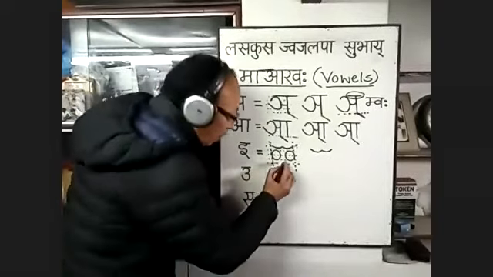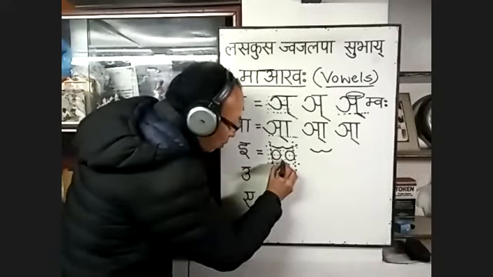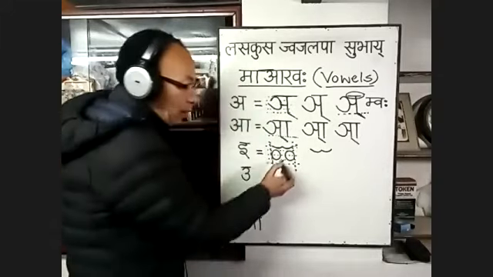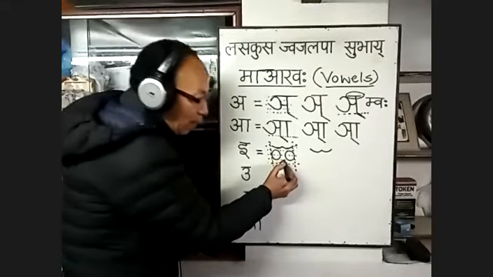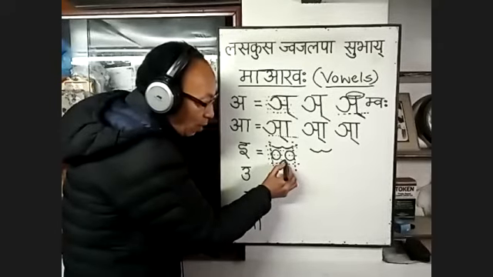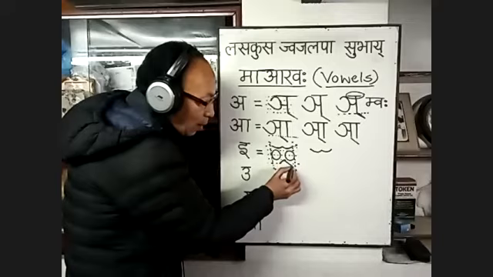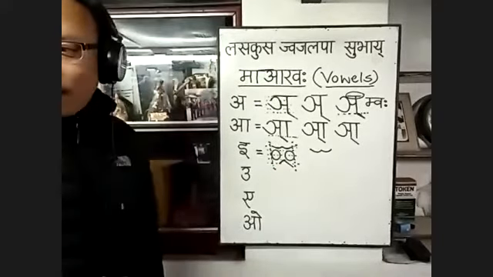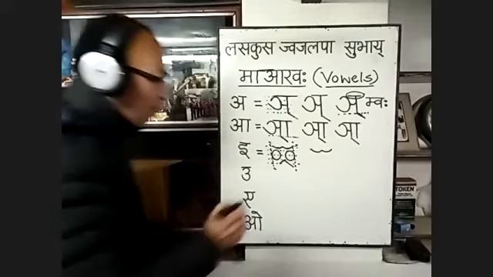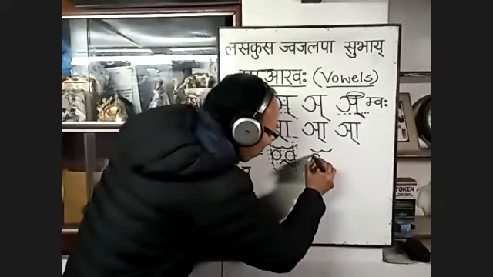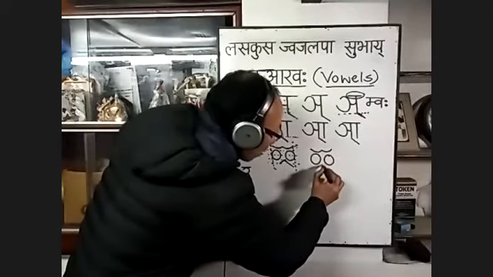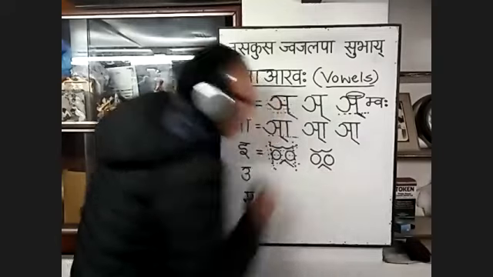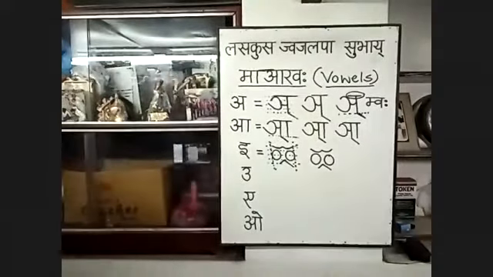And then draw a line towards the left side with an angle, and then a little longer line towards the right side. This is E. So how it is written, let me see. This is E.